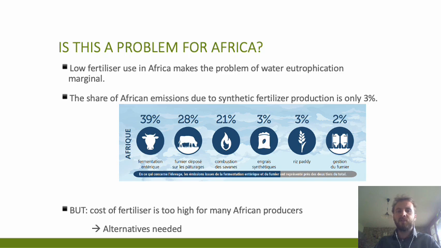The share of African emissions due to synthetic fertilizer production is only 3%, so it's not much. So generally, I don't think we could say that fertilizer production for African agriculture is a big problem, but independently from climate change, it is still really costly for many African producers to buy the industrial fertilizer, so it's still important to find an alternative.